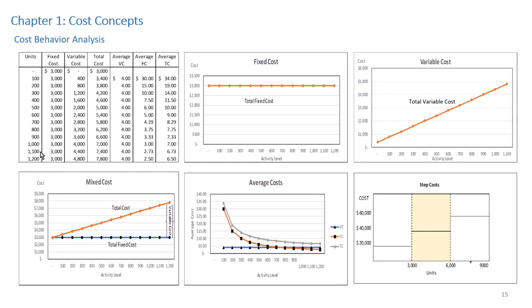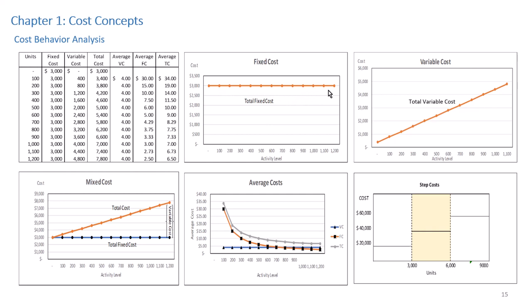Notice how the average variable cost remains the same. It's $4 throughout, while the average fixed cost and the average total cost decrease as the number of units increase. The fixed cost graph illustrates how total fixed costs remain the same regardless of the level of units.